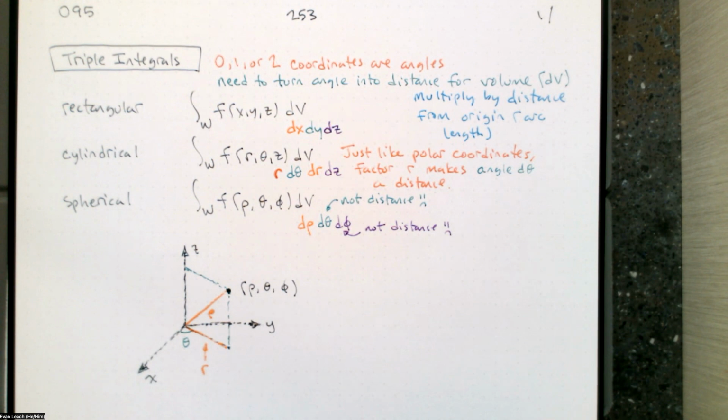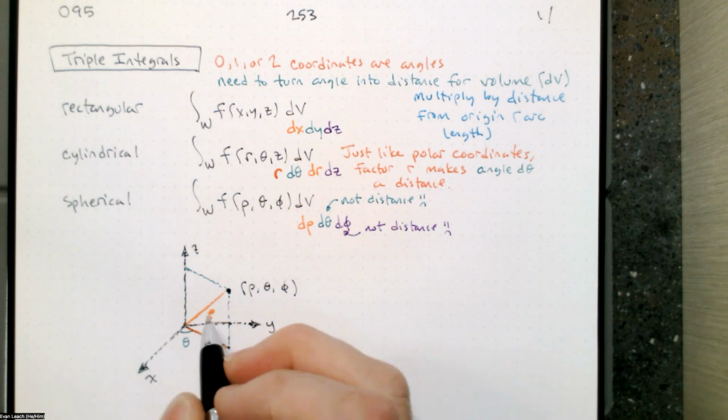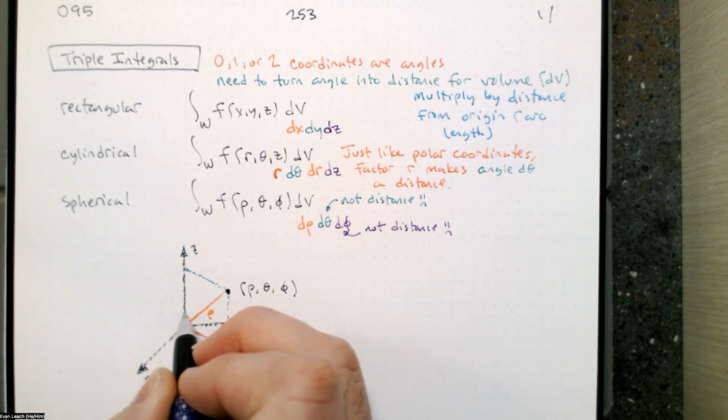Theta is the same theta that we were using in cylindrical coordinates and in polar coordinates. But phi is the angle measured from the positive z-axis. We always have to pick an axis and measure the angle from that axis. In this case, we kind of need our x, y, and z, but here is our angle phi.